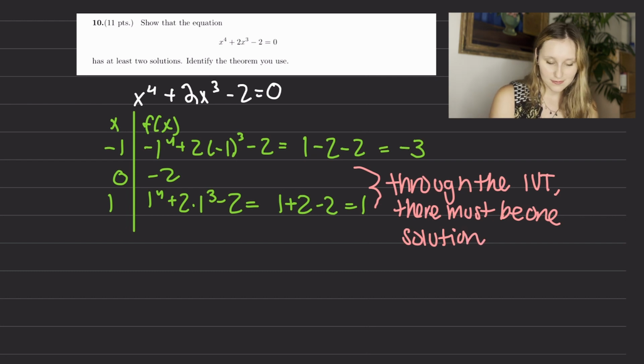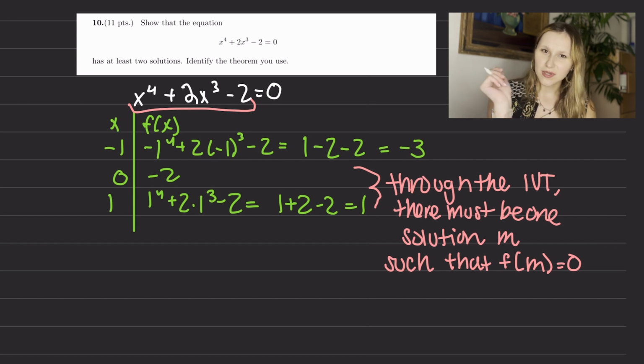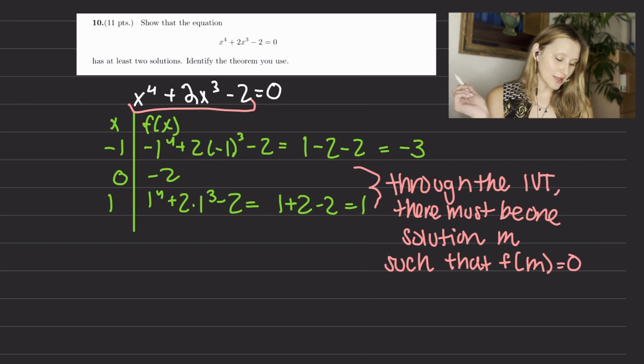Let's just call it m, such that f of m equals 0, which is, this is f. So that's one solution. Let's find another one.